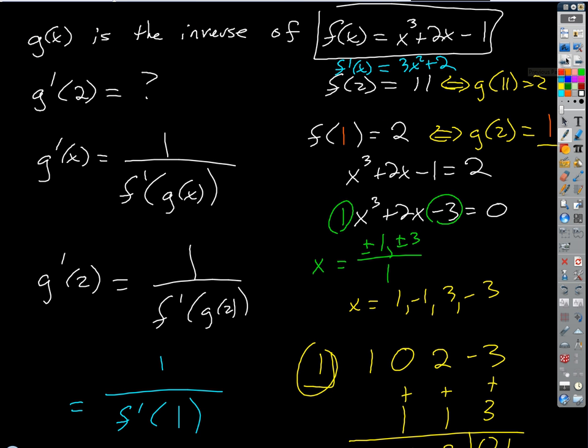When we want to plug, let's say, an x value of 2 into the inverse function, well, that's the input value for the inverse, but that's the output value for f in this case. So we had to go back and say, okay, f of what equals 2, because the input of the inverse has to be the output of f.